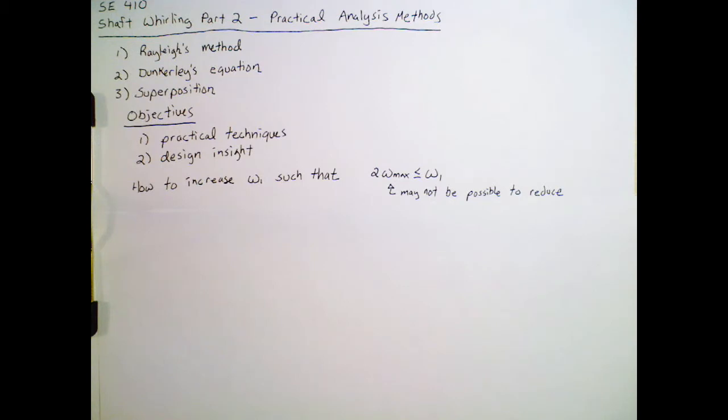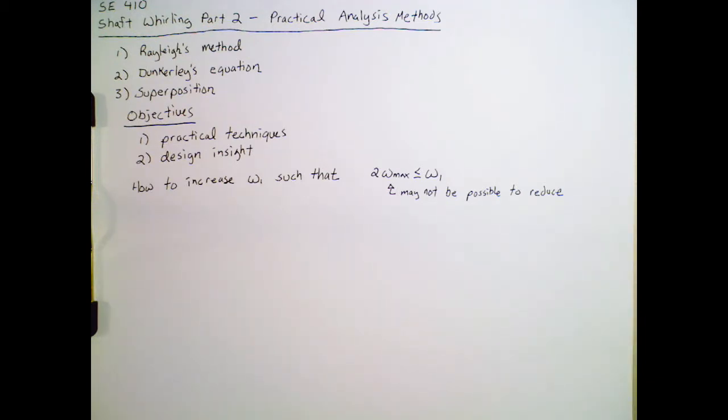Maybe we can change speed ratios, we can change gear ratios to reduce this speed. But in other cases, maybe we just don't have the independent control over what the operating speed needs to be. So we'd like to increase the first critical speed so that we can avoid problems with shaft whirling.